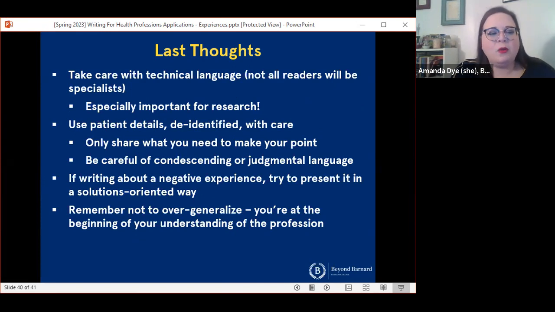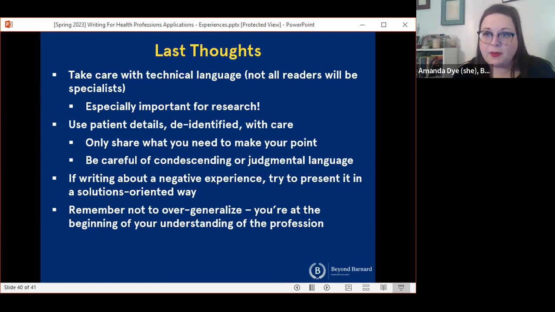And so what you want, if you're describing, for example, a research experience, is for the reader to understand the big picture. Why is it important? So, maybe the exact molecular mechanism is not the most important thing. Understanding the broader goals, the broader implications of your research, which is always an important thing to be thinking about, that's really what you want to focus on here.